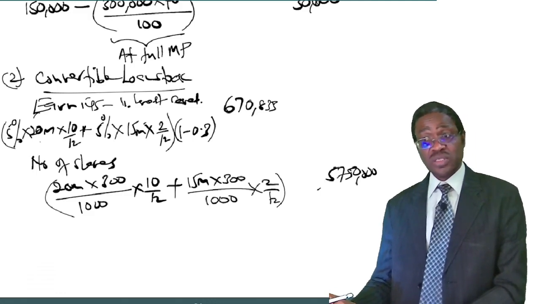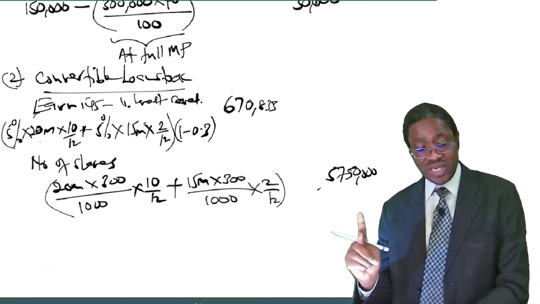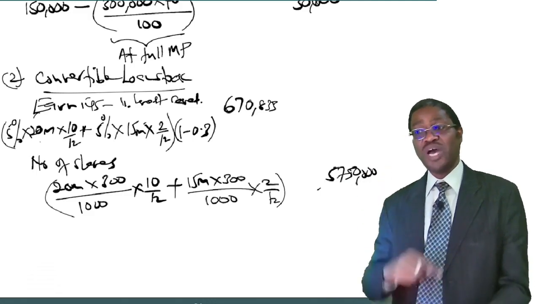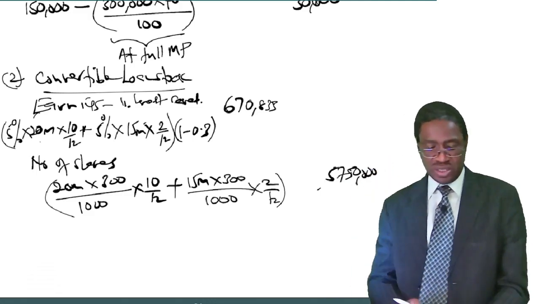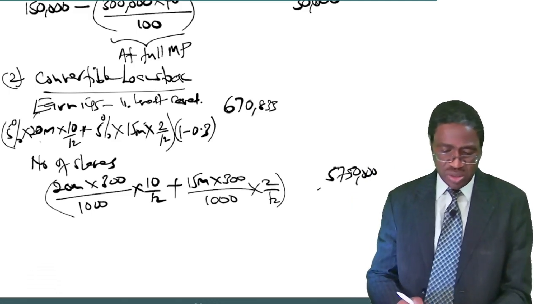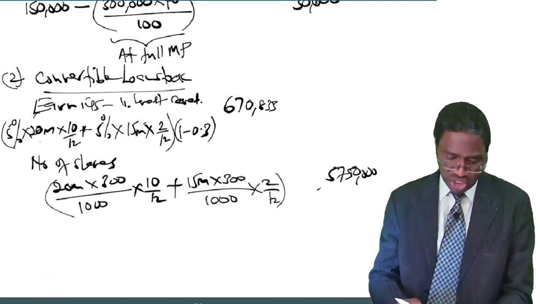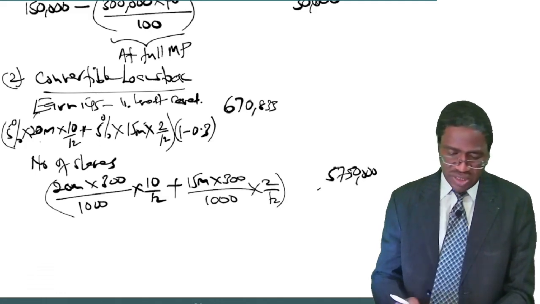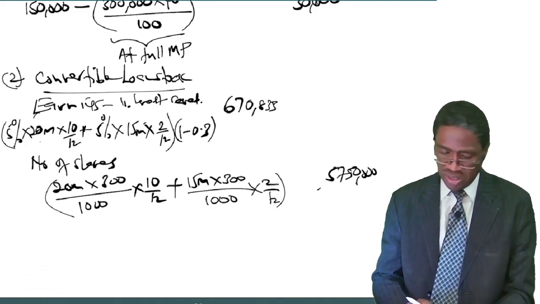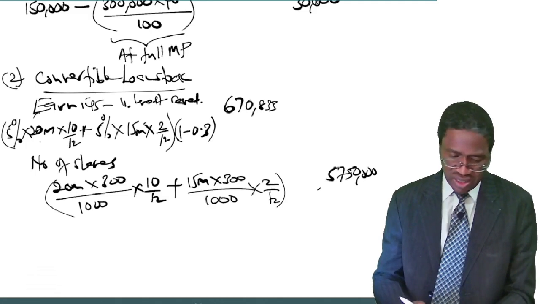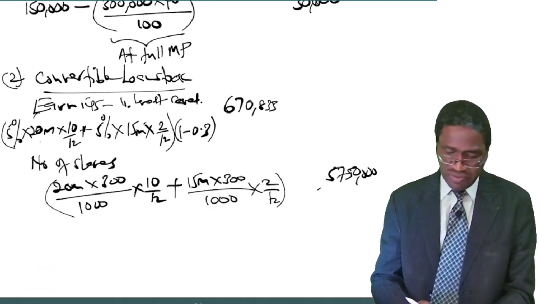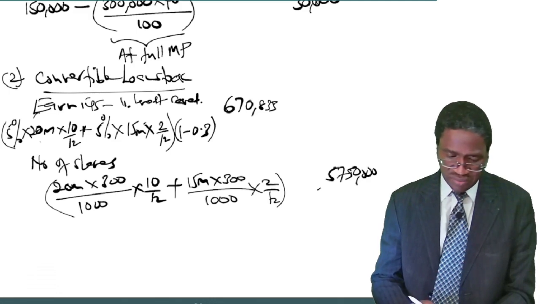5,750,000. Now we know the incremental earnings are 670,833. We now know the incremental number of shares. What becomes the incremental earnings per share? Let's calculate it. I am taking 670,833 divided by 5,750,000.